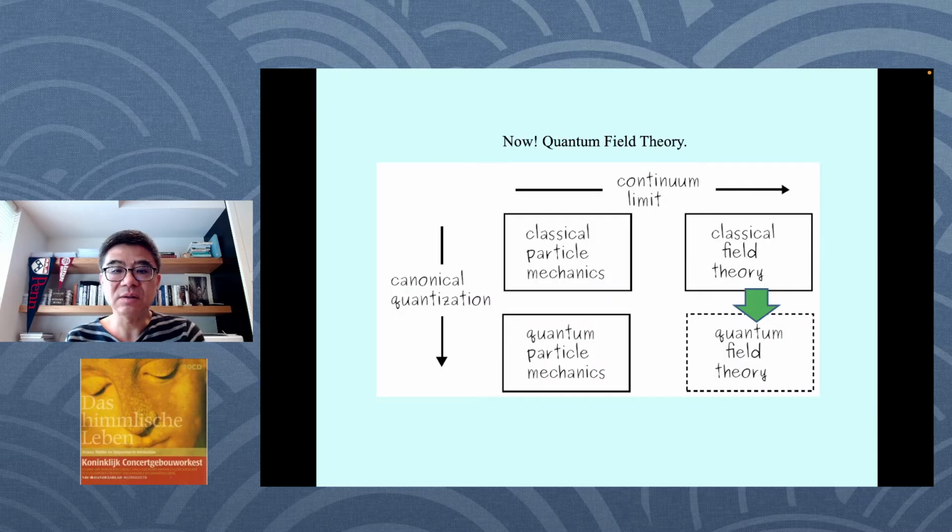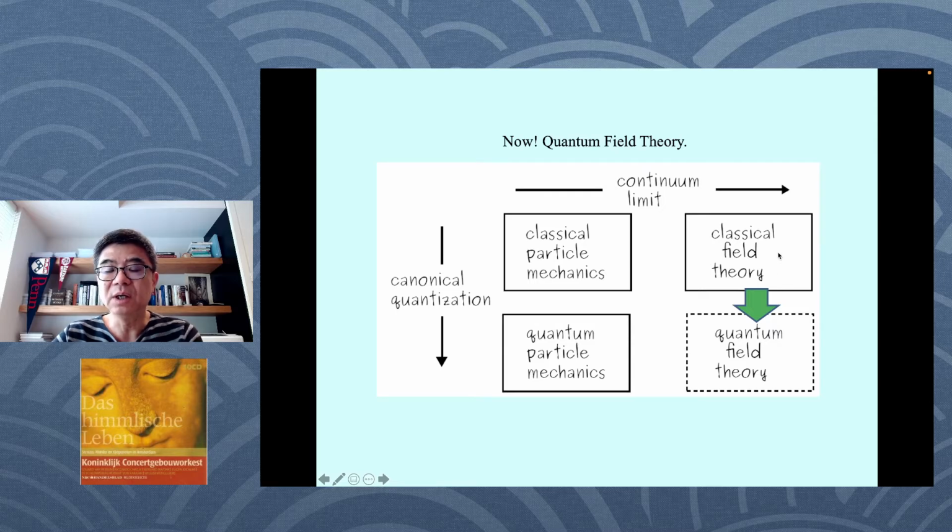Okay, so now this is a table I got from Professor Coleman's quantum field theory course, which shows the relation between the various theories. Here is quantum field theory, and I will show you today that it is very easily derivable from classical field theory. I assume that you are familiar with classical field theory already.